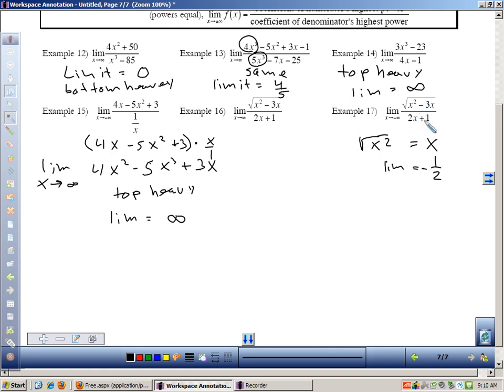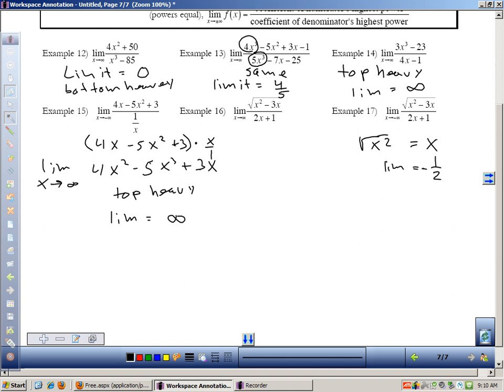If we plug in a really big negative number, it's going to make the denominator negative. So this limit is going to be -1/2. But if you see x squared under a square root, you can think of that as being a power of 1.